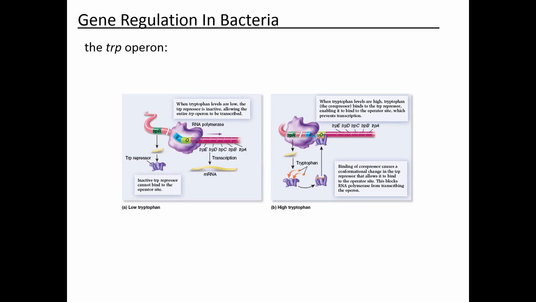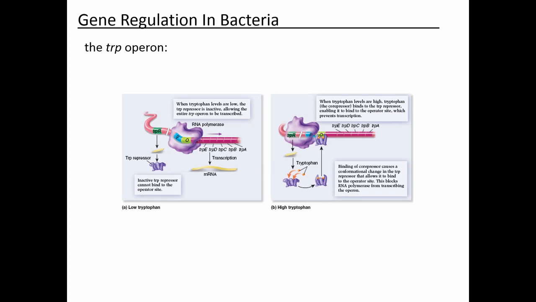The tryptophan repressor in this case, you can think of as off, because there's no tryptophan bound to it, and there's no tryptophan bound to it because the environment lacks it. And so now RNA polymerase can bind to the promoter and transcribe those genes.